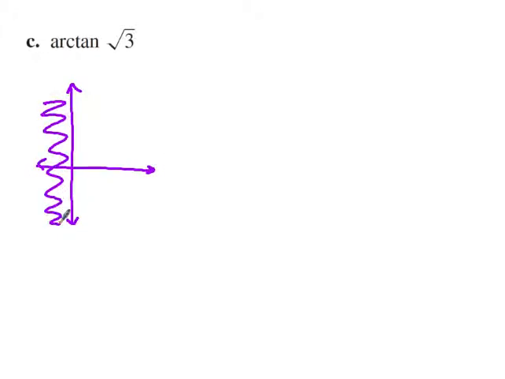Let's look at this one, arctan of root 3. Arctangent is in quadrants 1 and 4, which you know automatically. Of those 2 remaining ones, where is tangent positive? The top one, quadrant 1, because everything is positive in quadrant 1. That's the way to remember it. In 1, everything's positive.